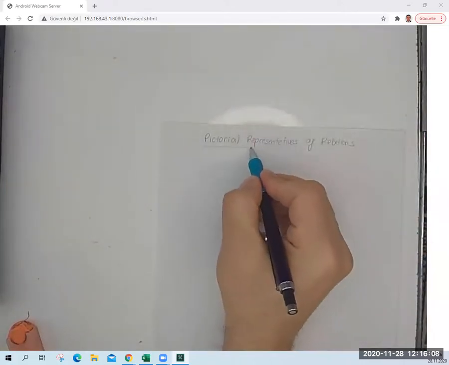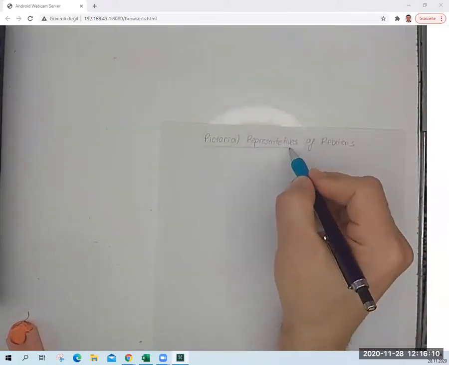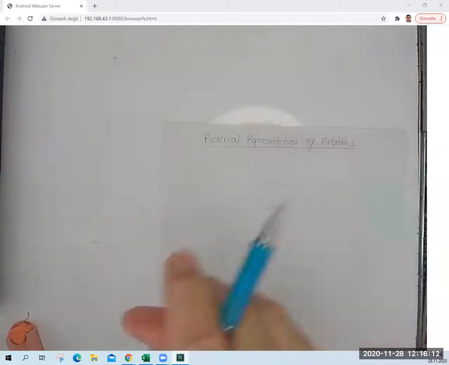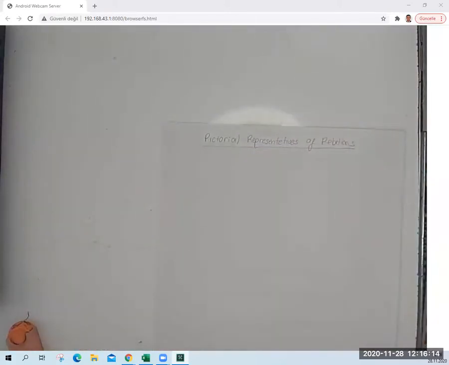So also that pictorial form will help us to understand other features, like graph theory and something else like that.